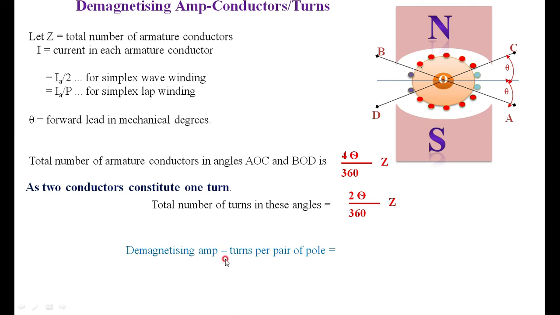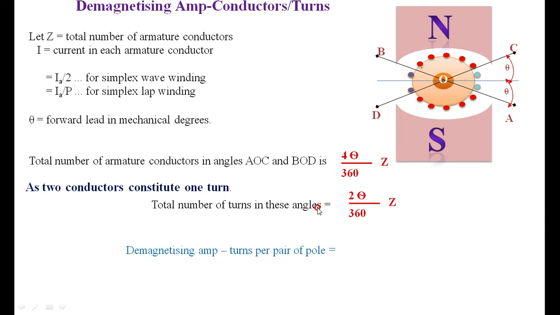Then demagnetizing ampere turns per pair of poles, because I am considering a 2 pole machine. Ampere turns means that if you multiply the turns by the current, it becomes ampere turns. That is the total number of ampere turns contributing to the demagnetizing effect.